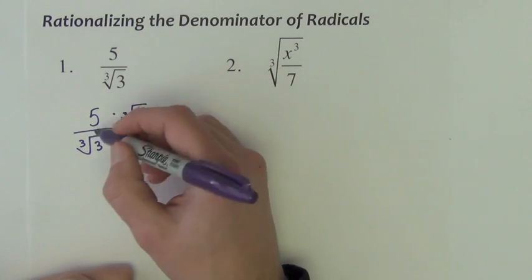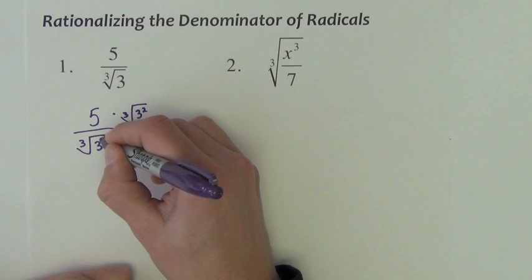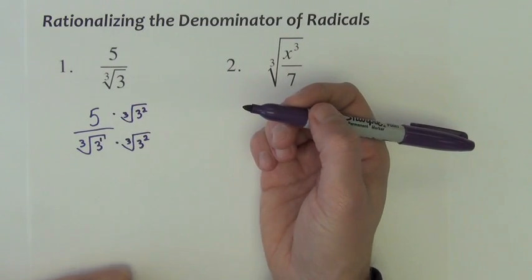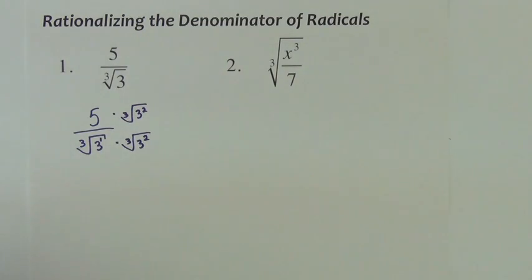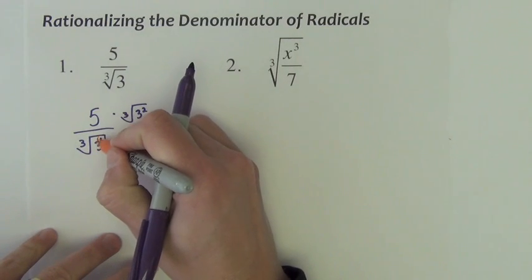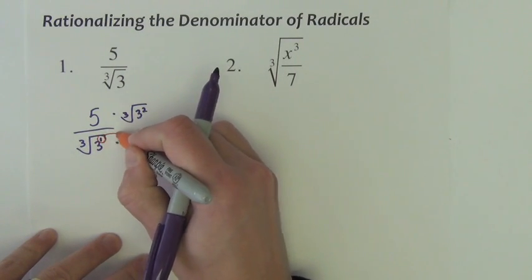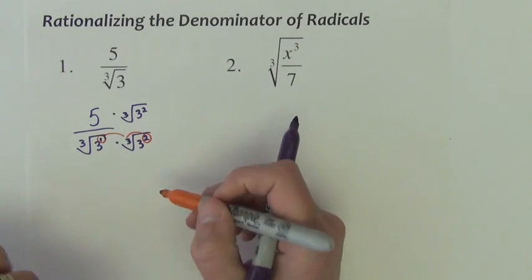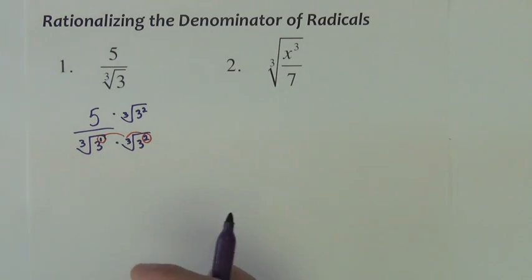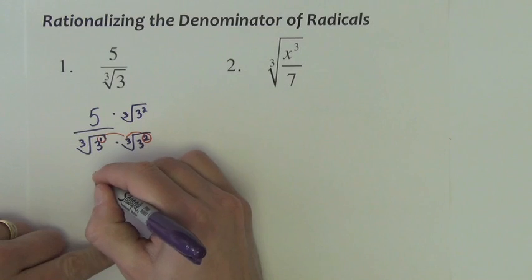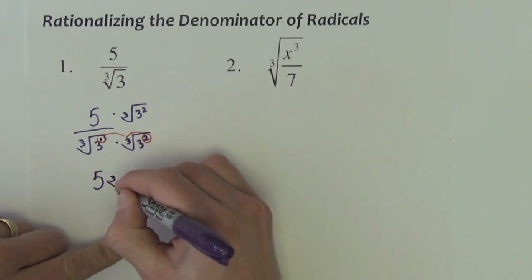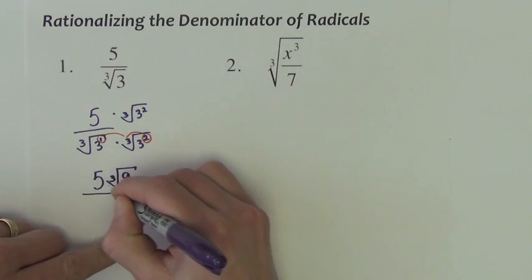Here's what we're trying to do. This 3 over here is a 3 to the first power. Okay. I'm trying to work this out in such a way that the power here and the power here add to the index of the radical. Okay, so watch what that makes. In the numerator I have 5 cube root of 9.